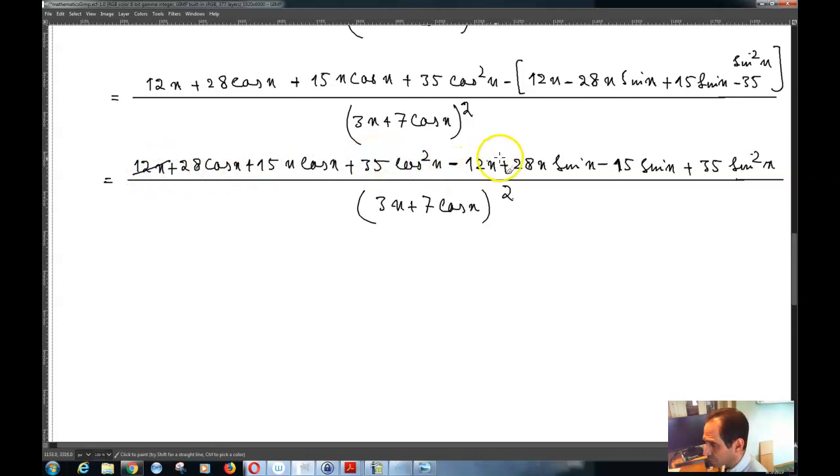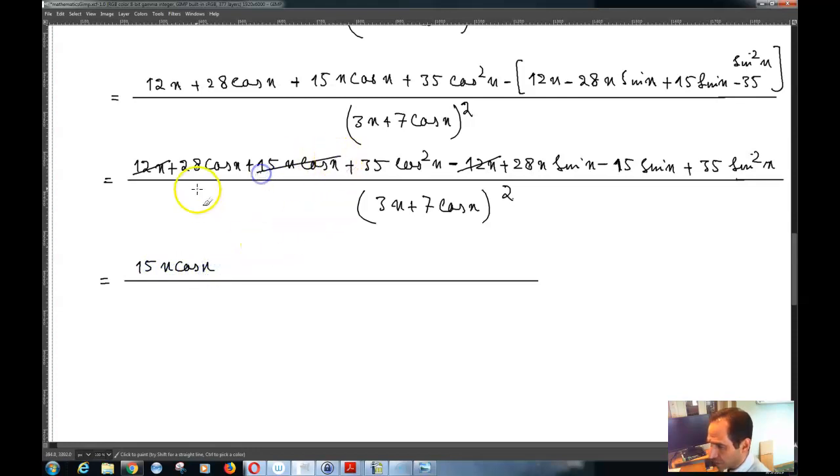And 12x and negative 12x you can cancel out. 15x cos x, I cannot do anything with that, so I can write it as 15x cos x, and then over here I have 28x sin x, and then over here I have negative 15 sin x, and then over here I have plus 28 cos x, and then over here I have 35 cos squared x plus 35 sin squared x.